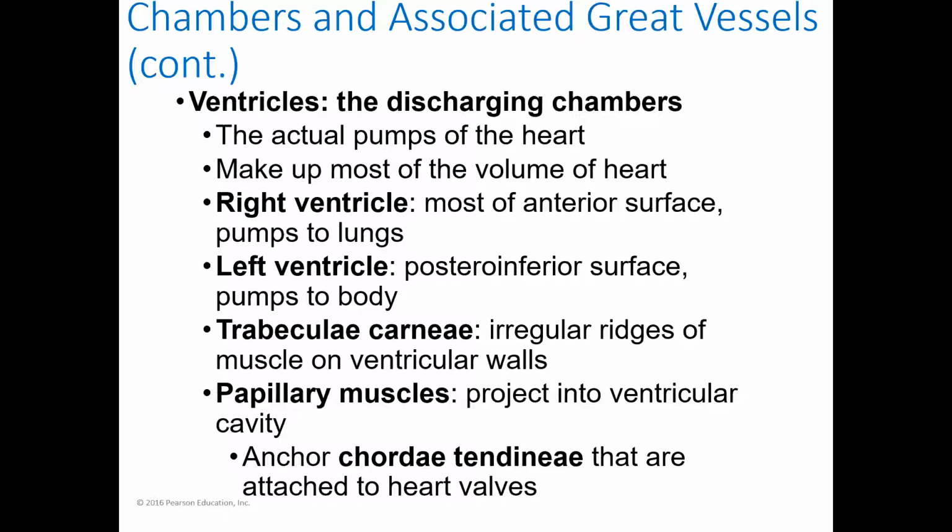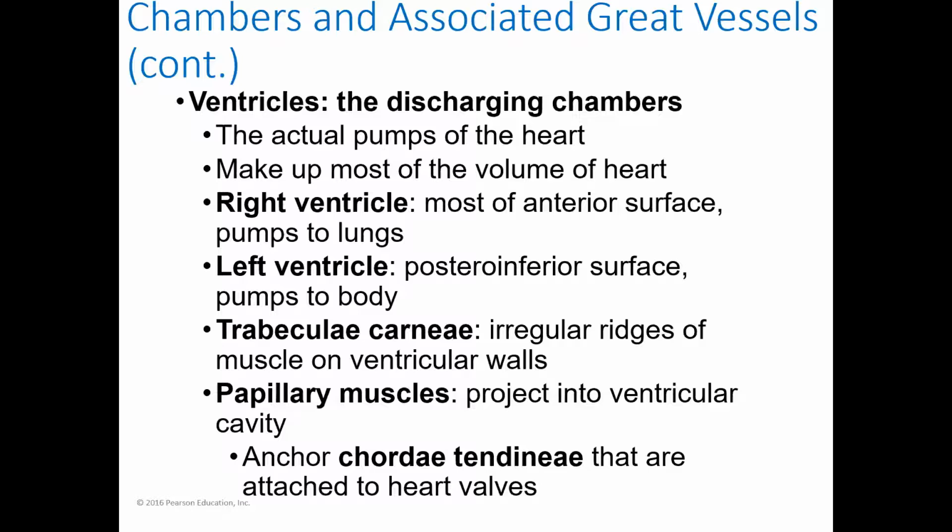Now, if we look inside the chambers of the ventricle, we're going to see structures called the trabeculae carneae. These increase the surface area of the muscles on the walls of the ventricle. They're ridges, so we have more and more contractile tissue. We also have what are called papillary muscles in both ventricles.